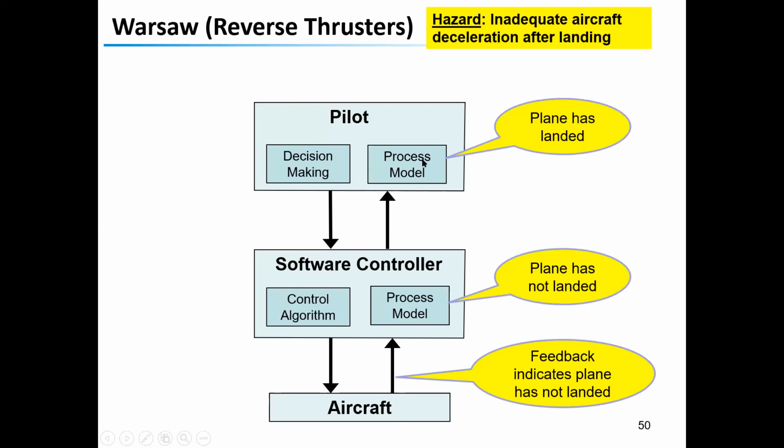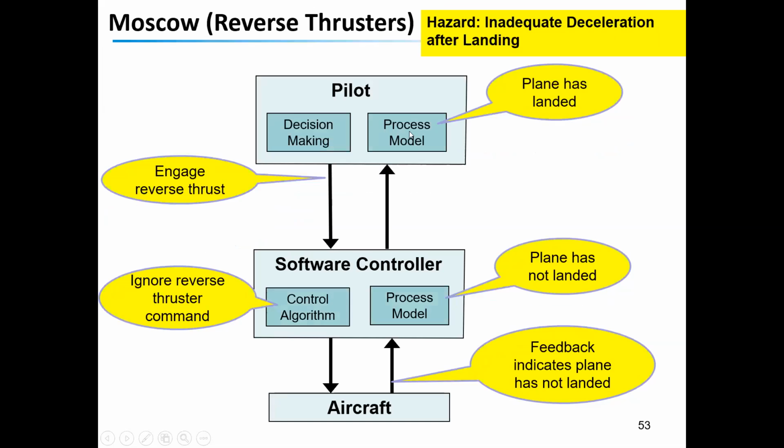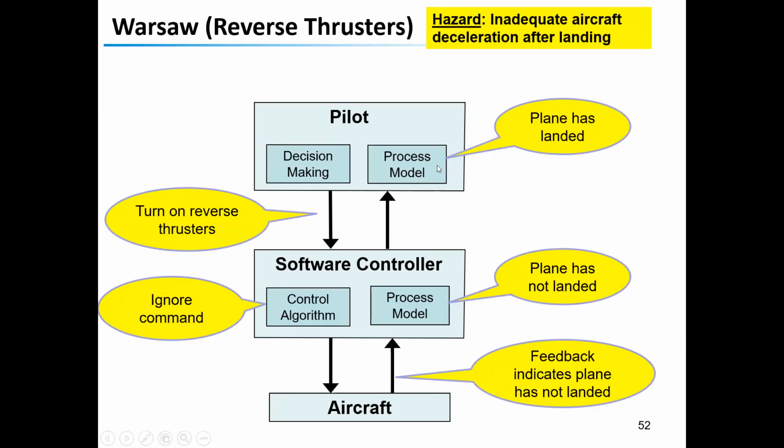The pilot can see that the plane has landed. He landed it. So the pilot's process model says the plane has landed. So the pilot issues a command to turn on the reverse thrusters. But the software controller says, I'm going to ignore that command because this plane hasn't landed. All right. So that explains why.